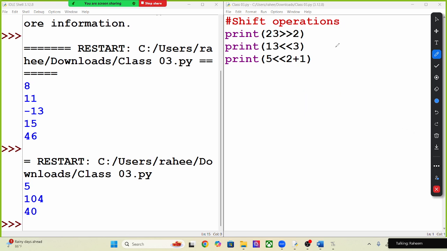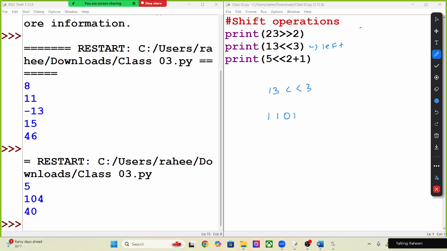The second one is left shift. So 13 left shift 3 means first you convert 13 into binary. If you convert 13 into binary, it is 1101, right? So in right shift we drop bits, and in left shift we are going to add bits.